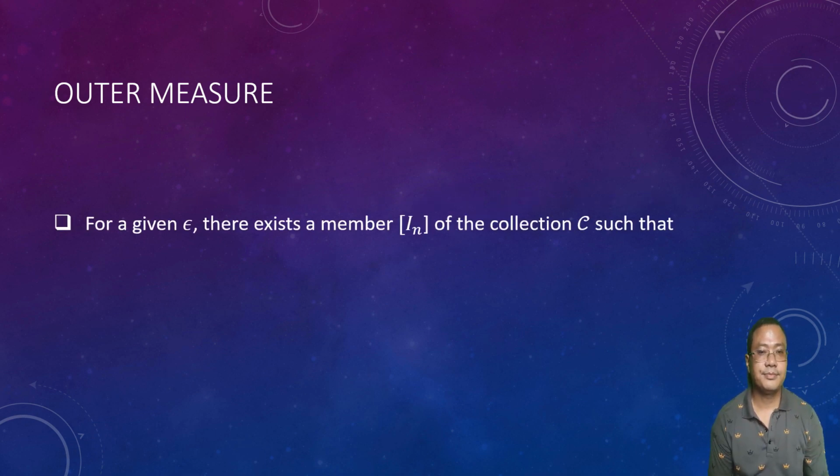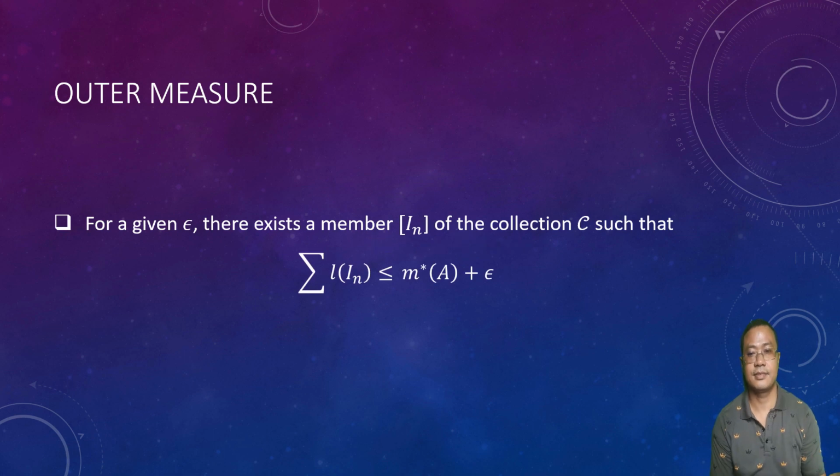So for a given epsilon, just like in analogy with the illustration I gave about the area of the rectangle, there exists a cover I_n in the collection C such that the sum of the lengths of the intervals of the cover is less than or equal to m star A plus epsilon.